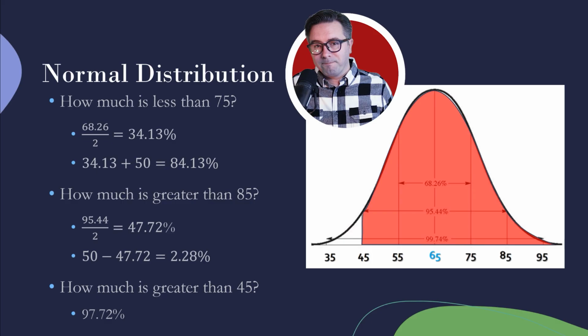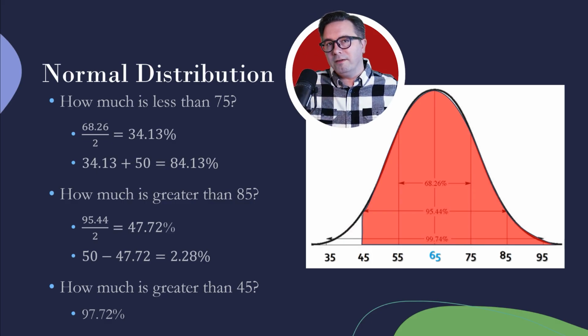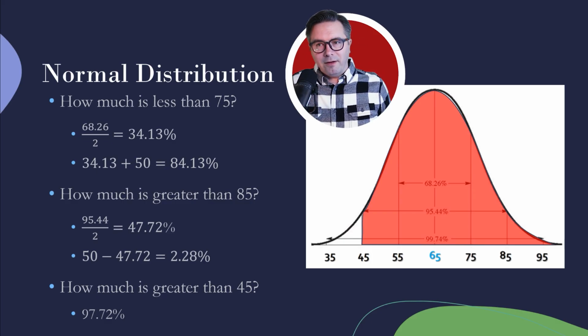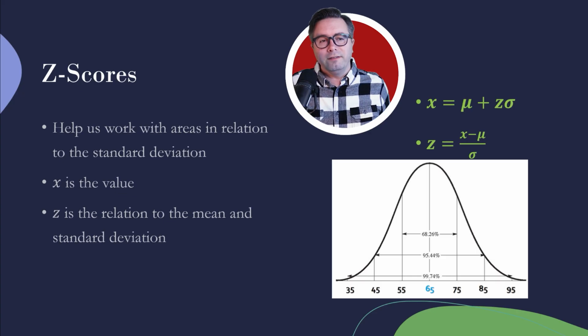Now, this is great when we're talking about the number of standard deviations, but notice that the values we have are 65, 75, 85, and there could be other values there, right? There could be like 66, 70 even. How do those incorporate? Enter the z-score.